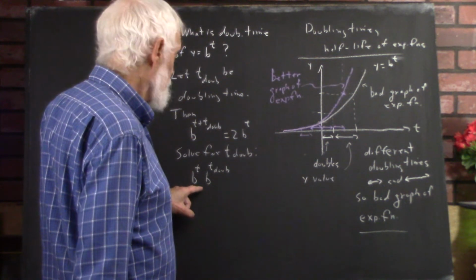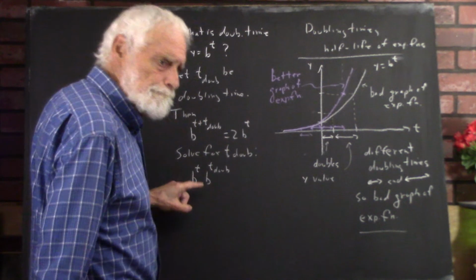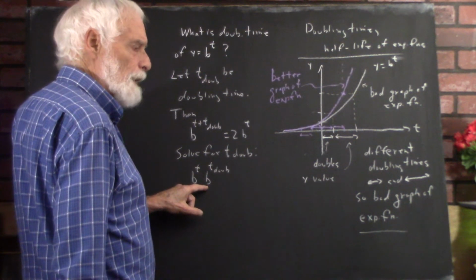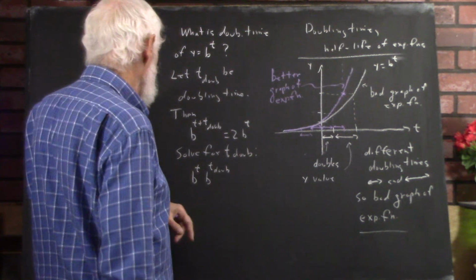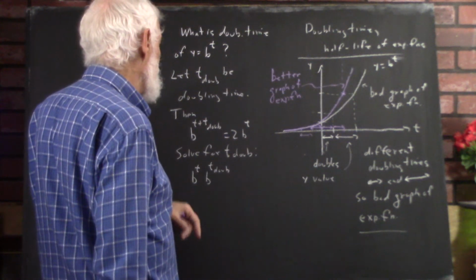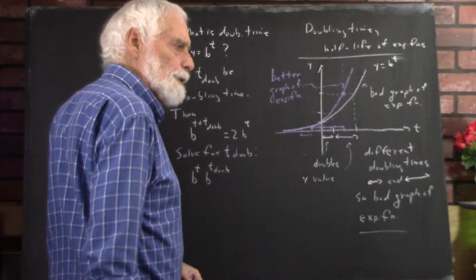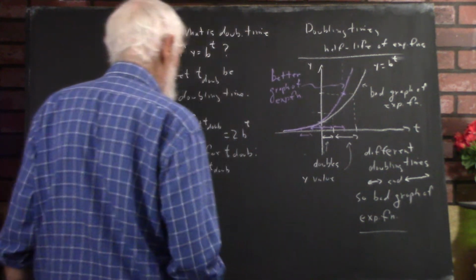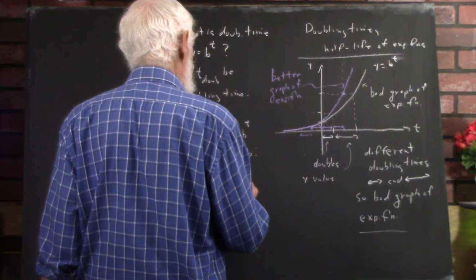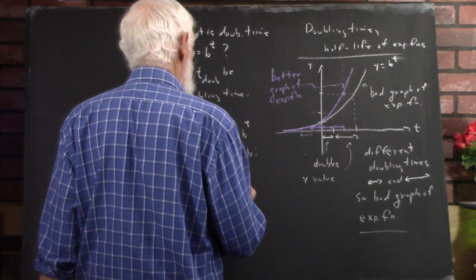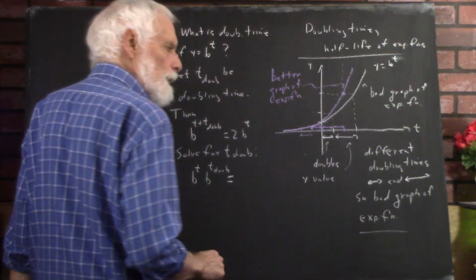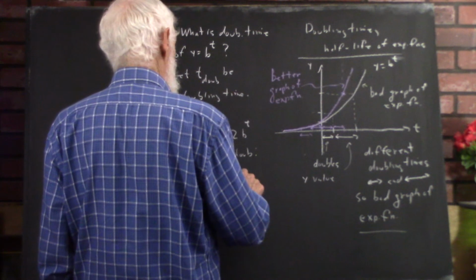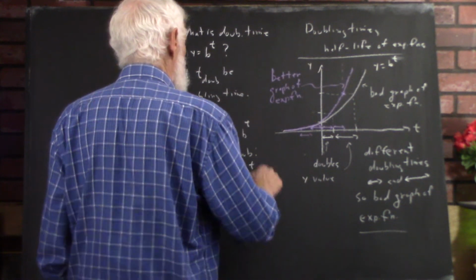If it isn't, you want to be sure that you understand this, okay? a to the b plus c is the way it's usually written, is a to the b times a to the c. Familiar law of exponents, but people don't use those laws enough to be really comfortable with them. Okay, at least usually. Well, anyhow, that's going to have to be equal to 2b to the t.